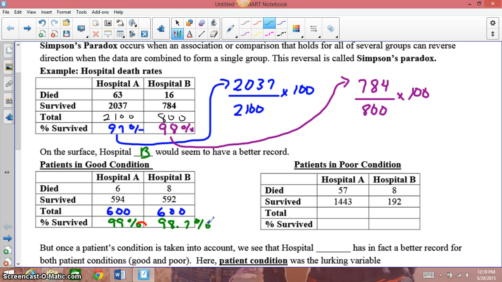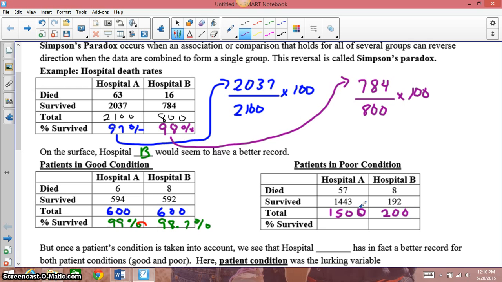Okay. Now if we compare over on the right hand side to those that entered the hospital in poor condition, Hospital A, 57 died and 1,443 survived, for a total of 1,500 patients come into the hospital. And Hospital B, those that entered there in poor condition, only 200 went to that hospital.